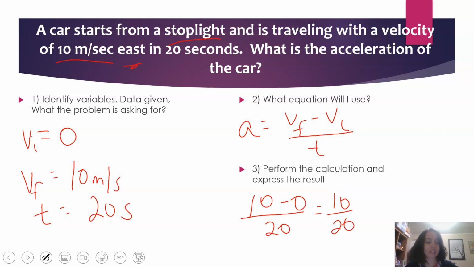Time is still 20, and 10 divided by 20 is 0.5. Now, the 10 is meters per second. The 20 is seconds. And if you remember, that simplifies to meters per second squared.